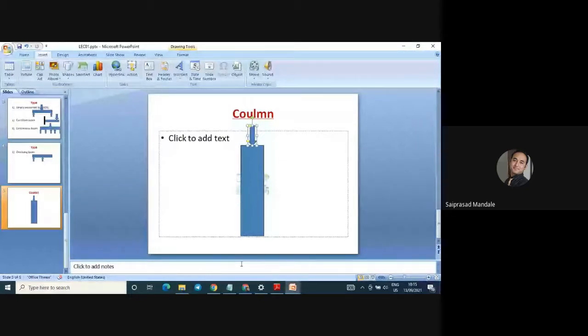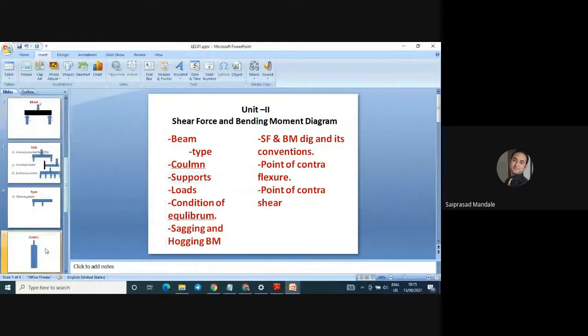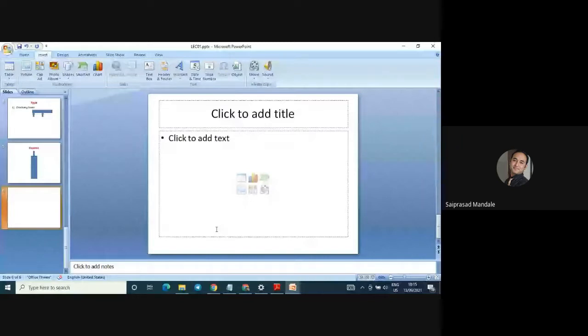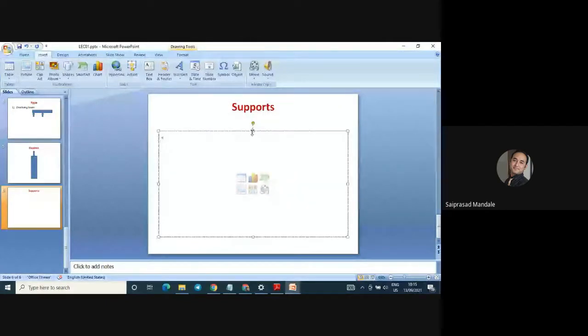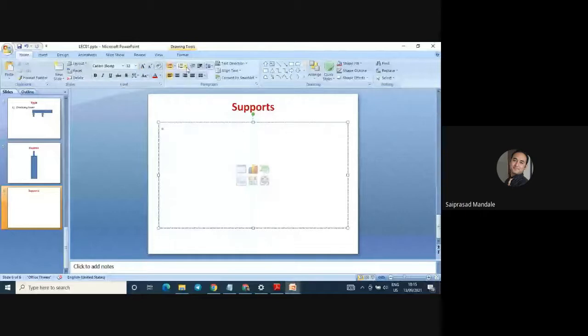Next point of discussion is, I guess, column and beam. Both are clear to everybody. The next point is supports. What are the different supports? There are three to four types of supports we'll be looking for from our syllabus point of view. They are namely, first, a roller support.